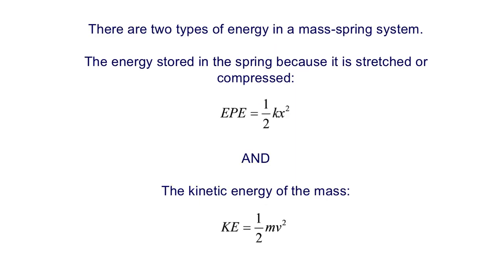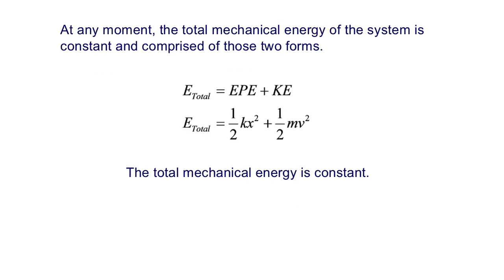Okay, so once again, when something's vibrating back and forth, it has potential energy. It could be gravitational if it's a pendulum, or elastic if it's an elastic object vibrating, and kinetic energy. So we've used these equations before. Mechanical energy is the sum of the total EP and KE at any given point.